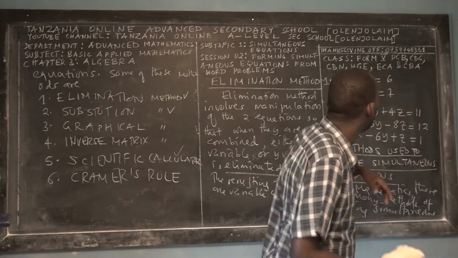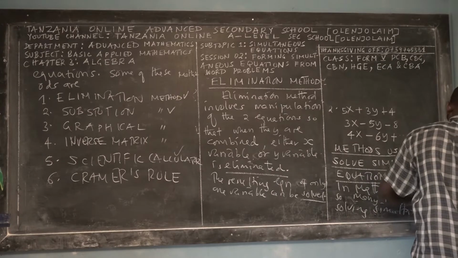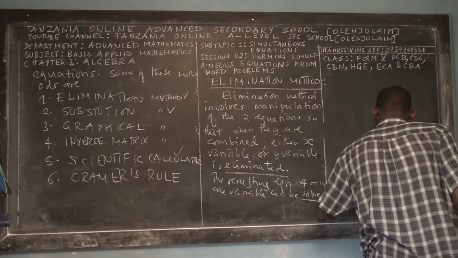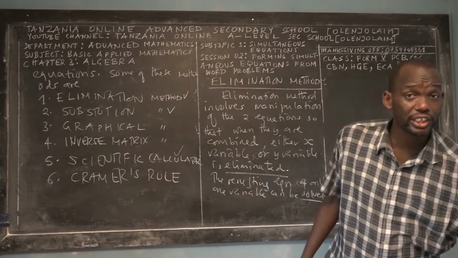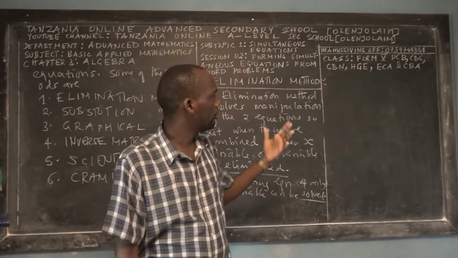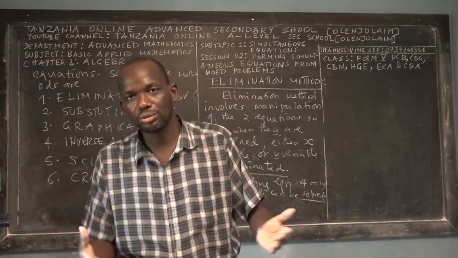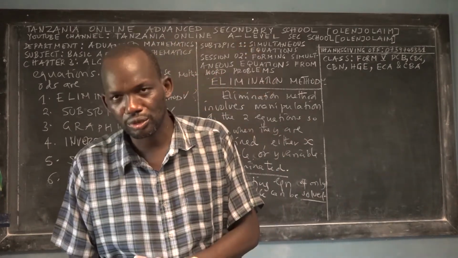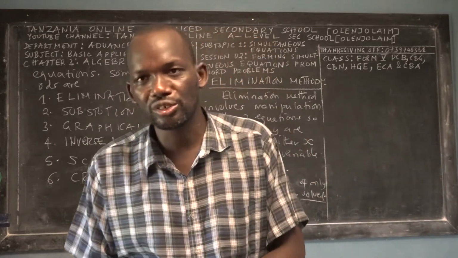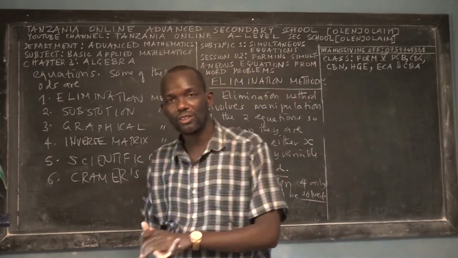So what does the elimination method mean? Simply, in the elimination method we do 2 things. The first thing that you have to do as mathematicians is to think how you can eliminate 1 variable. Because in this subtopic, we'll be solving only 2 unknowns in 2 simultaneous equations. So we are going to eliminate 1 variable, either the x variable or the y variable.